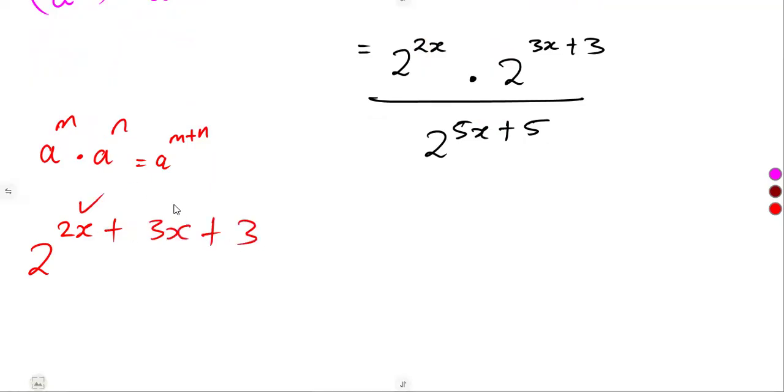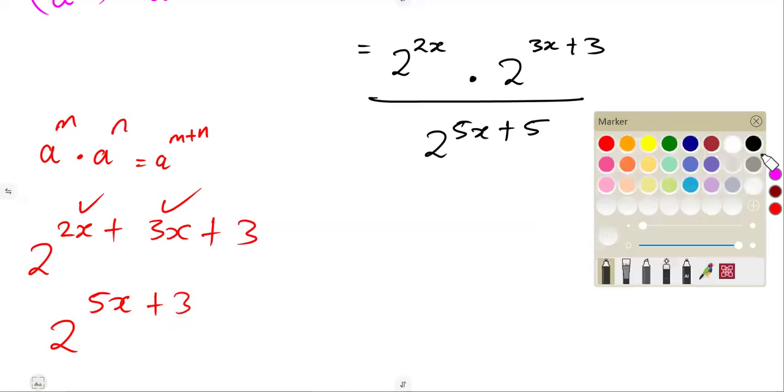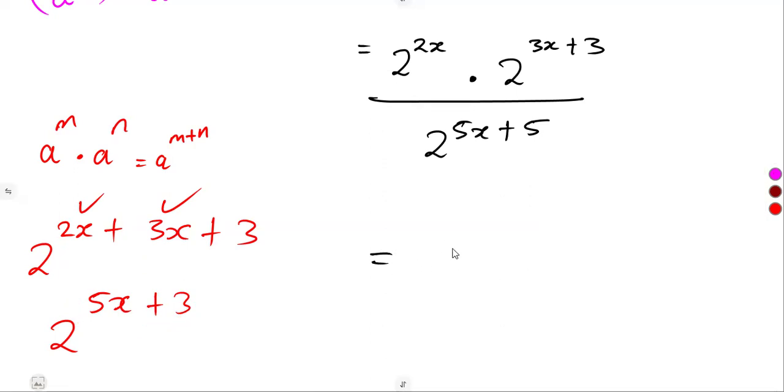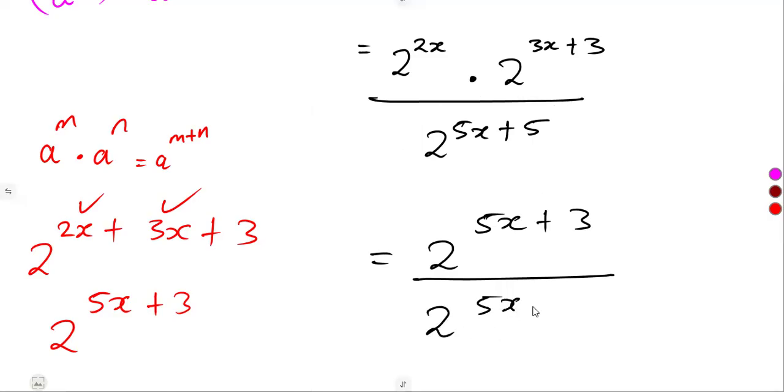So as you can see, these are like terms, guys. So it is going to give us 2 to the exponent of 5x plus 3. This is what you're going to have. Everything over what? The denominator as it is, 2 to the exponent of 5x plus 5.